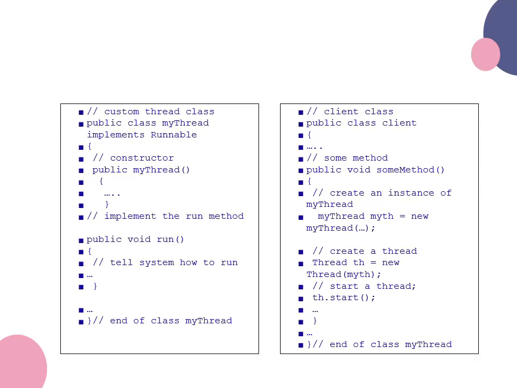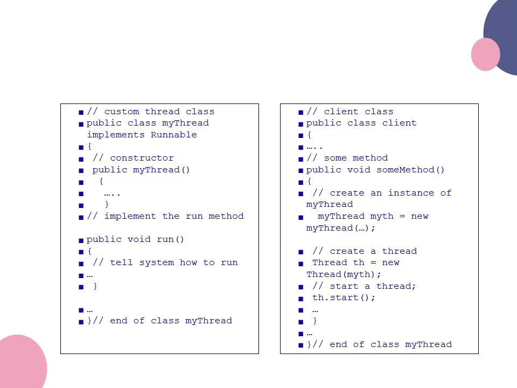In this slide, there is an example that shows how to create a thread using the Runnable interface. Here, implements Runnable allows you to work on threads, creation of a thread, and start the execution of the thread.